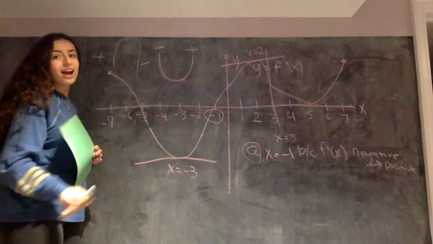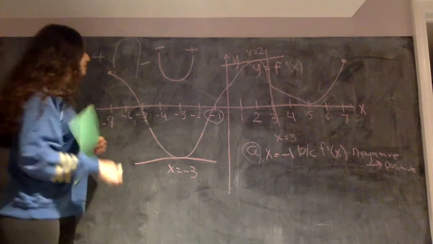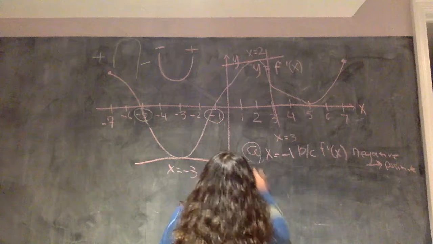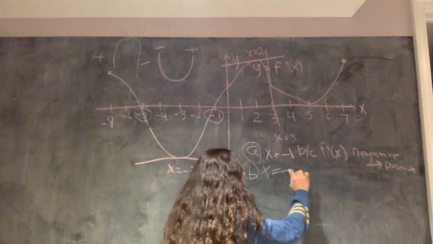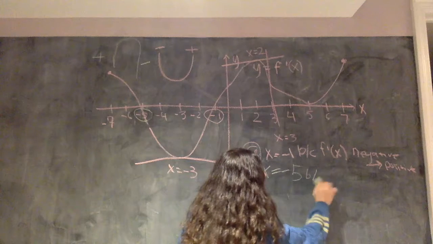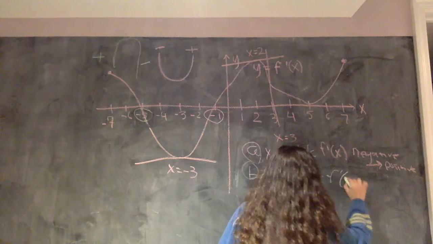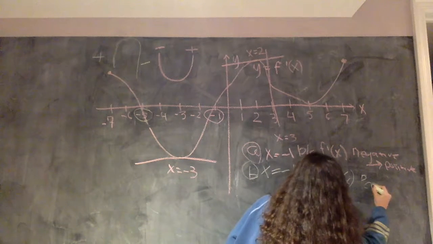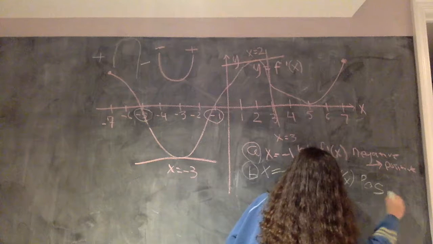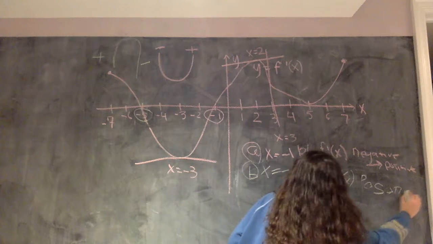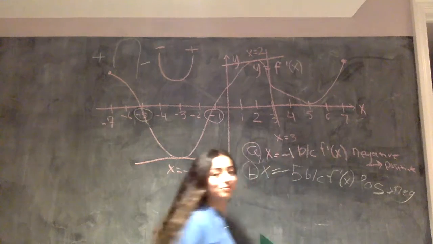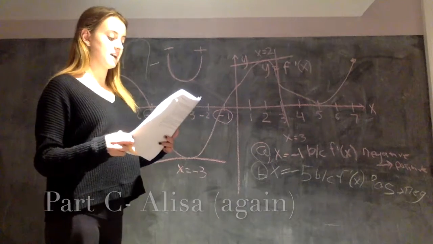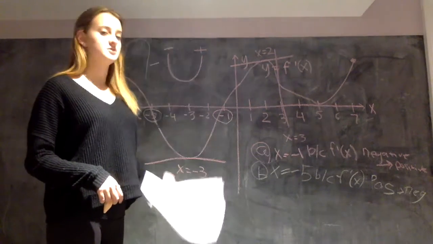The only place where that happens is at x equals -5, because f prime of x is going from positive to negative.